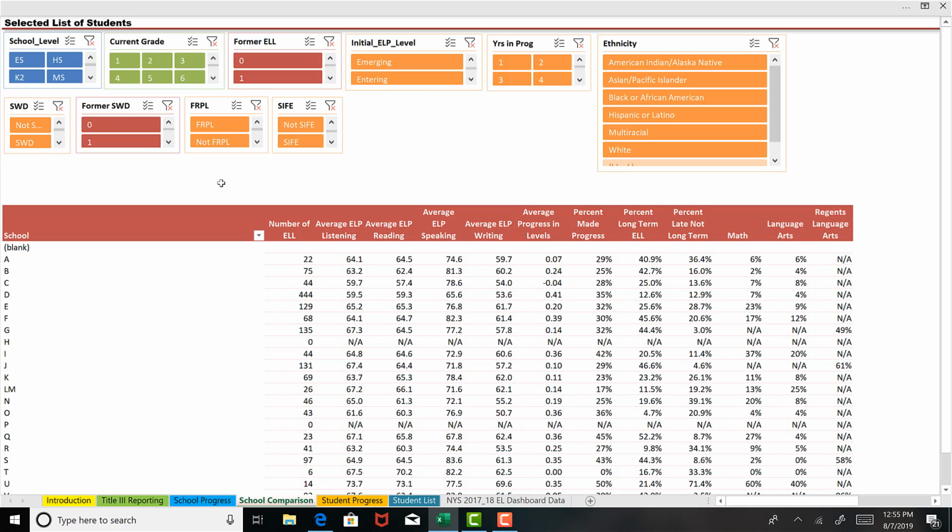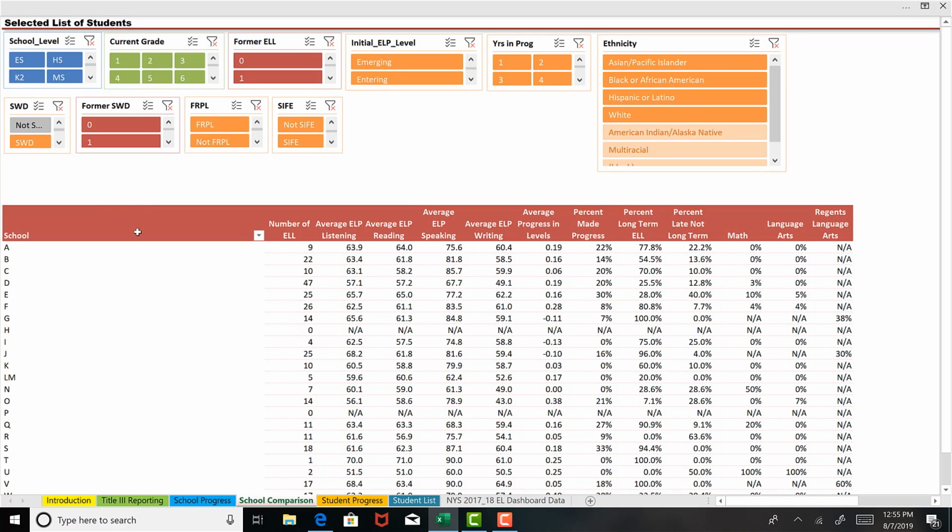So for example, the district could compare schools across all ELs, or if a district wanted to focus only on students with disability, then they could make that selection, and you can see that the results then are all displayed only for students with disability. Again, the idea here is that this would be a useful way for districts to identify schools or programs that have particular strengths and challenges, and then to use that to help monitor and improve the outcomes for all EL students.